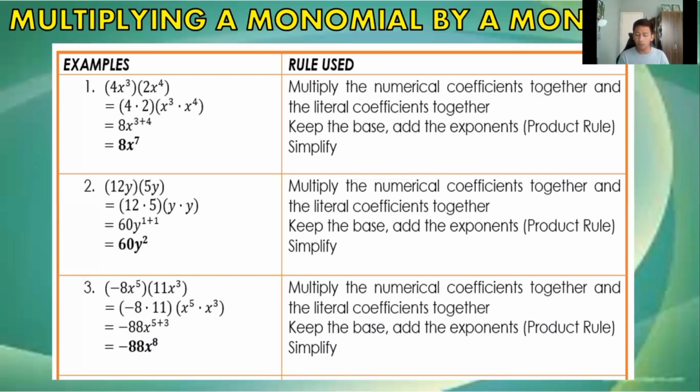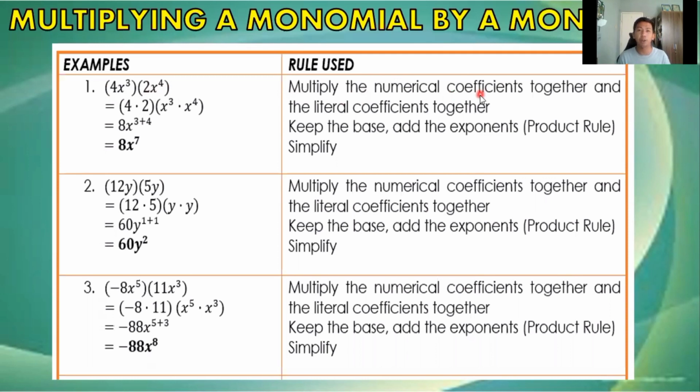Now, we try to check how example number 1 is solved. We have here number 1, the quantity 4x cubed times 2x raised to 4. What can you notice on the given expressions? They are both monomials, and we have to get their product. What will we do first? We have to multiply the numerical coefficients.